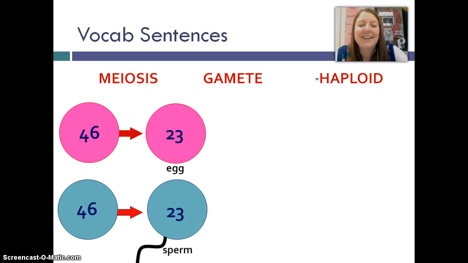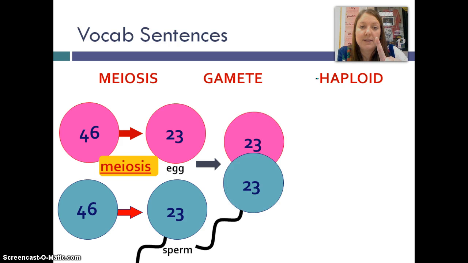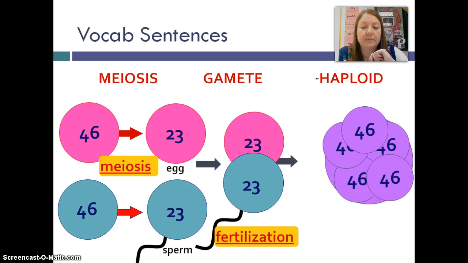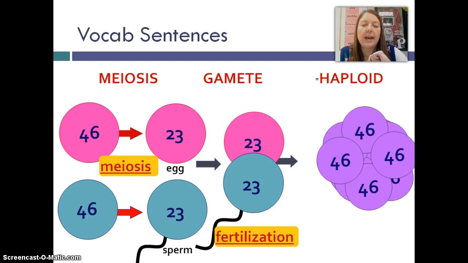You guys are going to write one sentence that uses all 3 words. Use the diagram up here. Use your notes. Remember, this is a new word that we just learned last class. So pull those out and see if you can't write a good BP sentence.